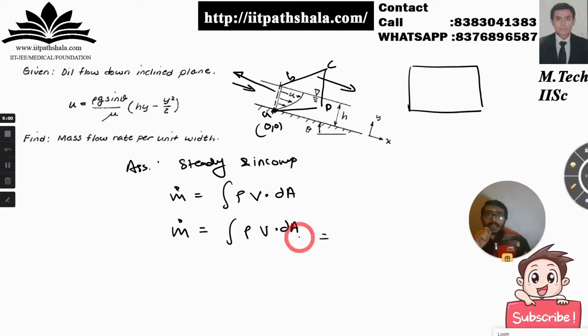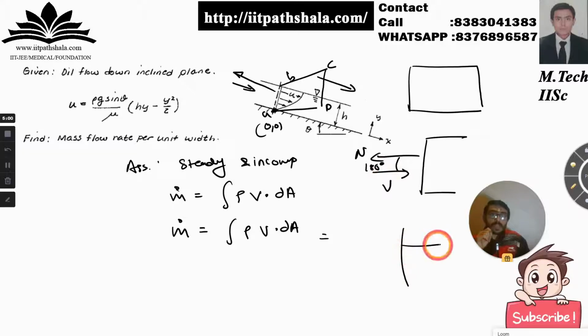Here the sign only means whether it is coming into or going out of your control volume. If it is coming in, the mass flow rate is negative, because velocity and your area vector make a 180-degree angle. If something is going outside from your control volume, then they make a 0-degree angle with each other, the contact normal and the velocity vector.